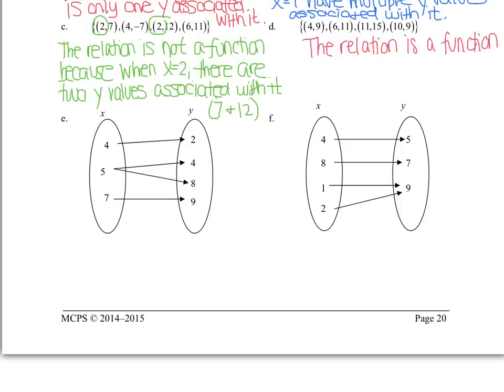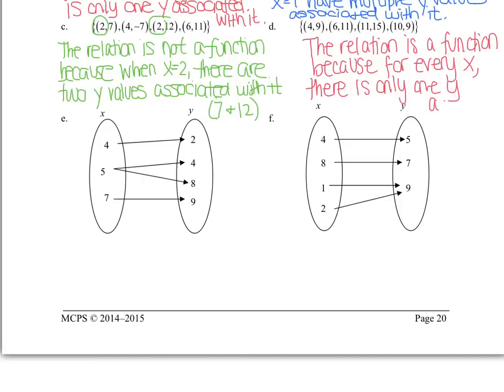And this is because for every x, there is only one y associated with it. So it is a function.